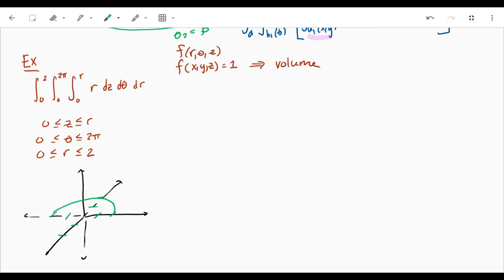Now z is between 0 and r. So if you can think about, on top of that, having a cone, I'll use a different color. I always forget that I can just use a different color.